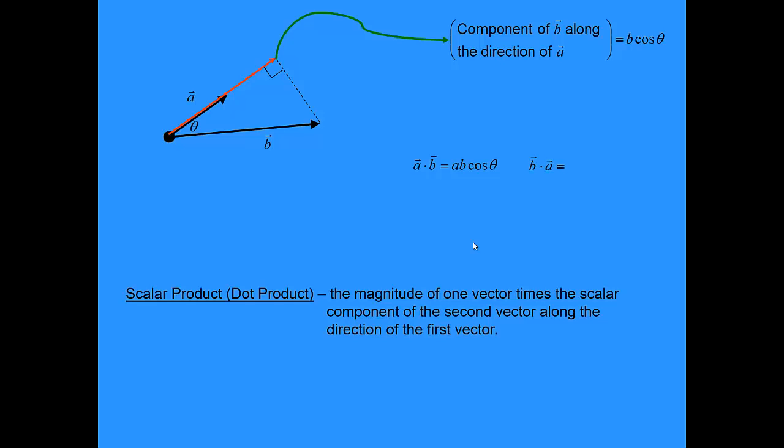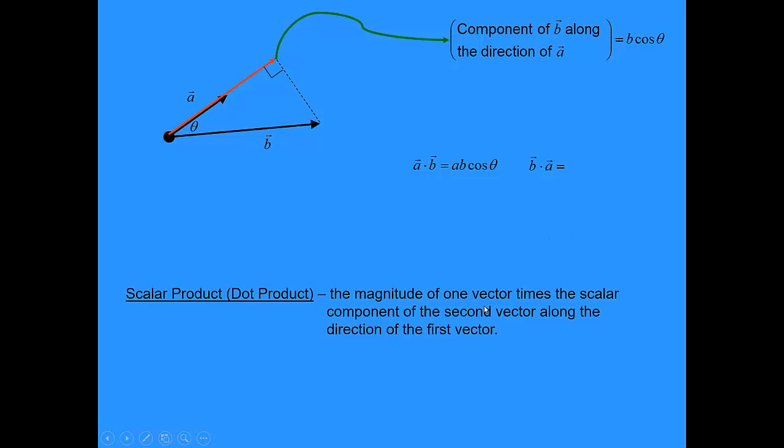What if it was B dot A? B dotted with A. Does the order matter? In other words, is the scalar product commutative? We know, for example, that vector addition is commutative. But is the dot product commutative?